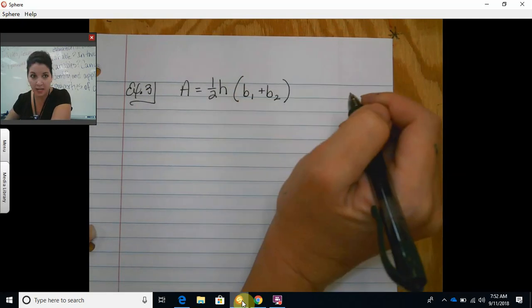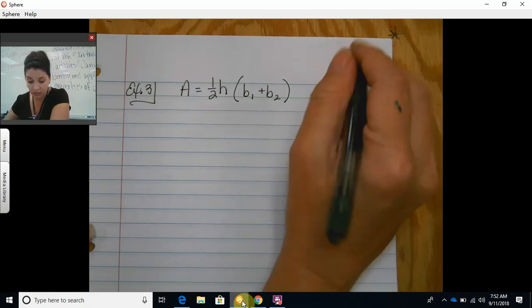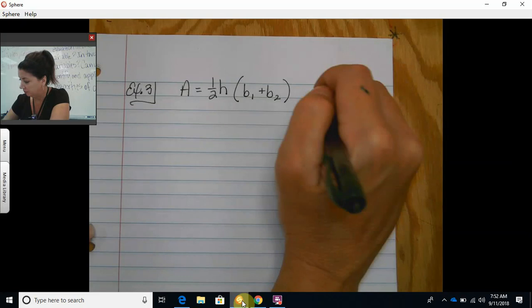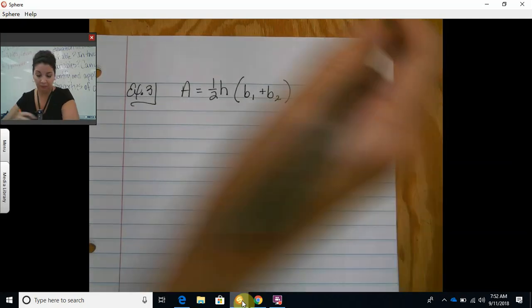You know, 1/2 height times base of the first base plus the second base. And we are going to isolate b sub 1. Stepping it up a little bit.